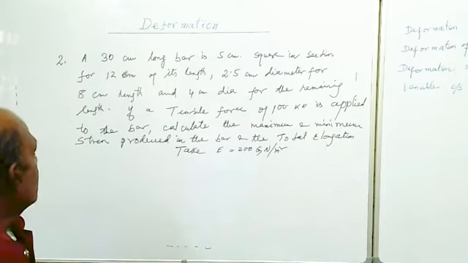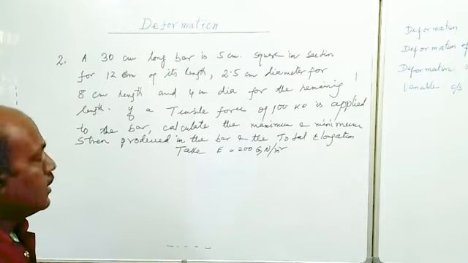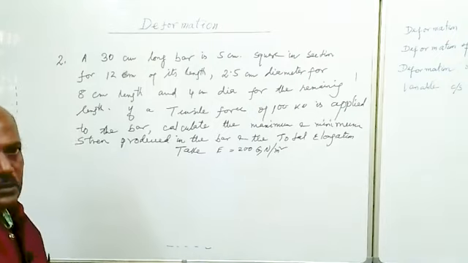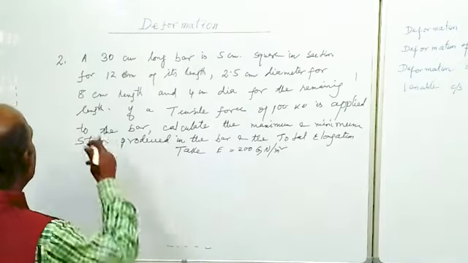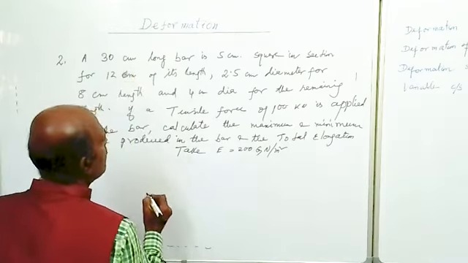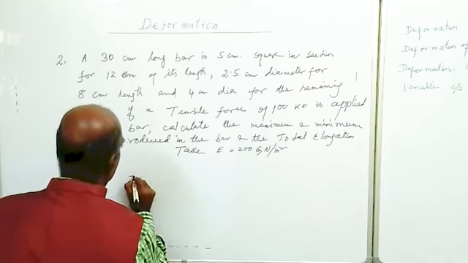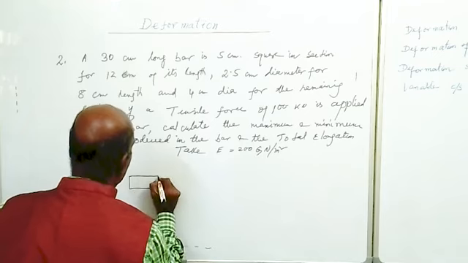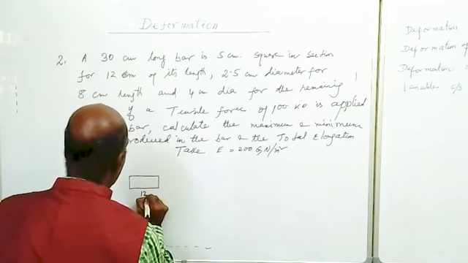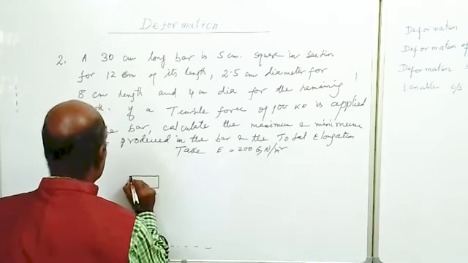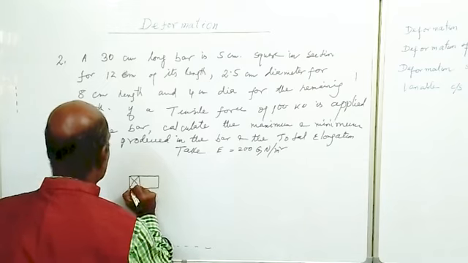A 30 centimeter long bar. From the information given in the problem, it is seen that the bar is a variable cross section bar. So first we will try to draw the figure. It is 5 centimeter square in section for 12 centimeter length, and this is a square cross section.